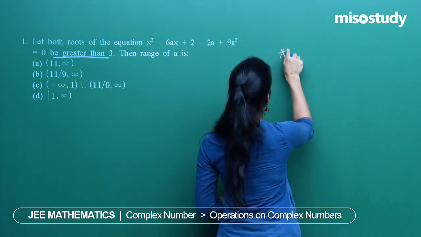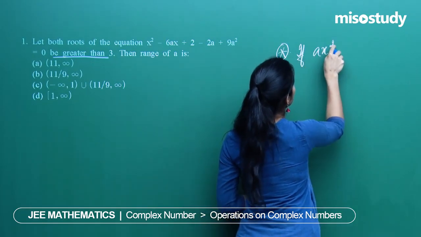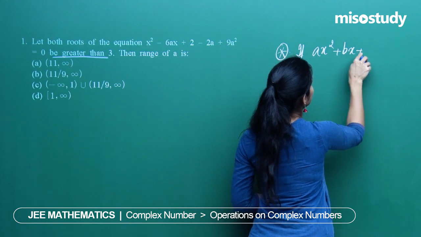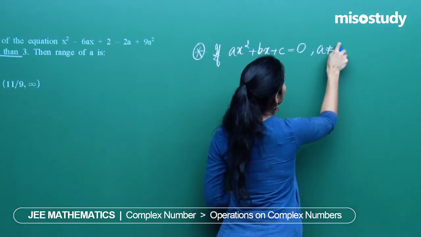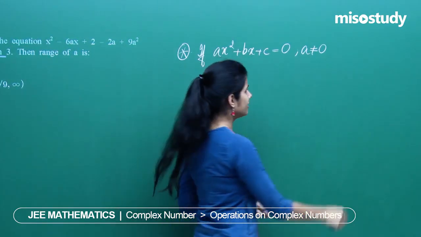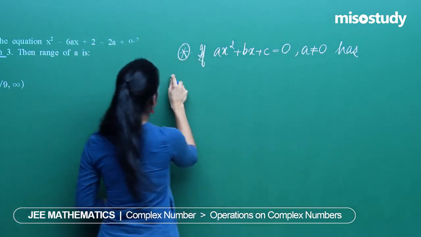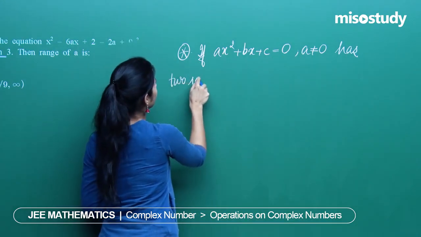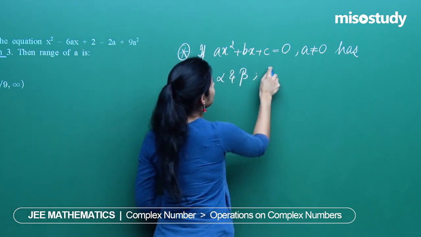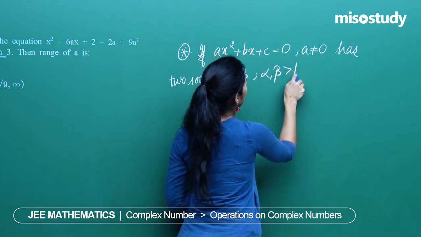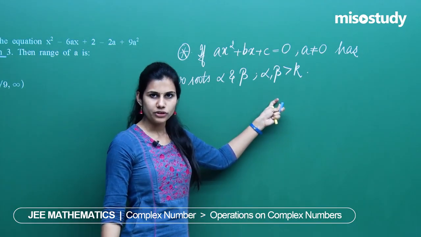Well, if ax square plus bx plus c equals 0, where a is non-zero, has two roots alpha and beta such that alpha and beta both are greater than k, where k is any number on the real line.